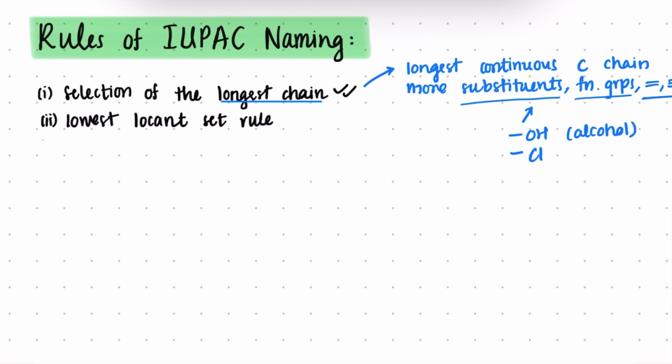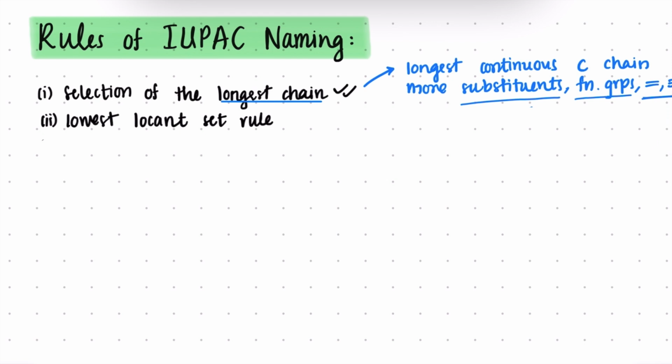Here, this is a functional group, and this is a substituent. So in this case, you would give more preference for the longest parent chain with the one that has a functional group.